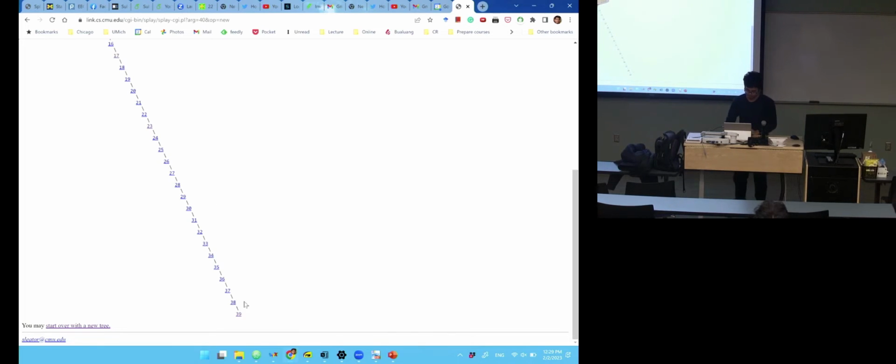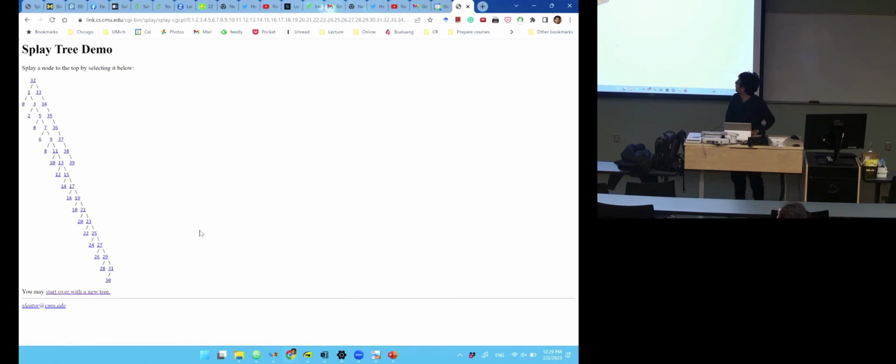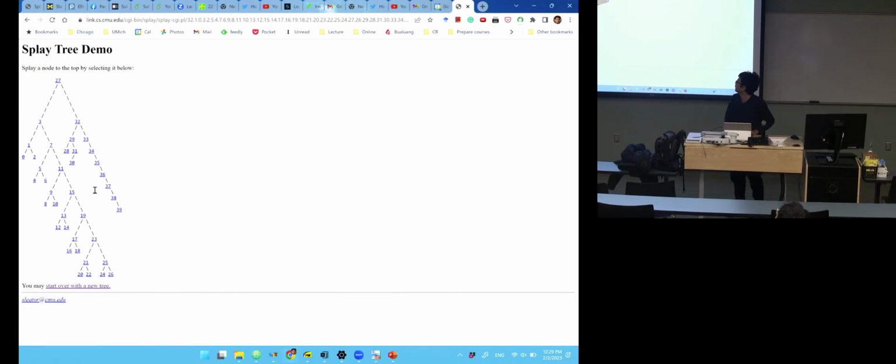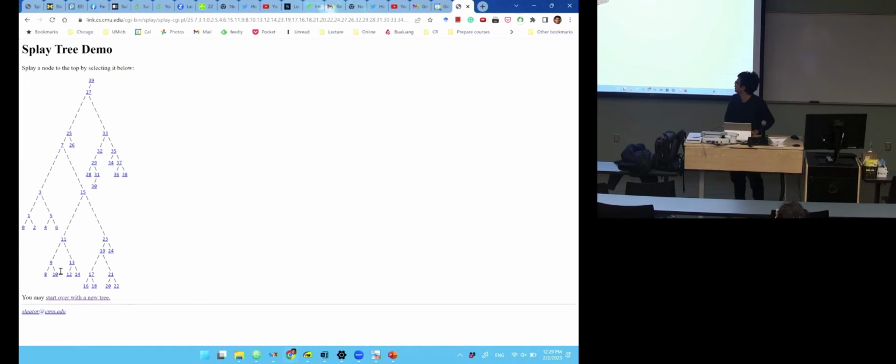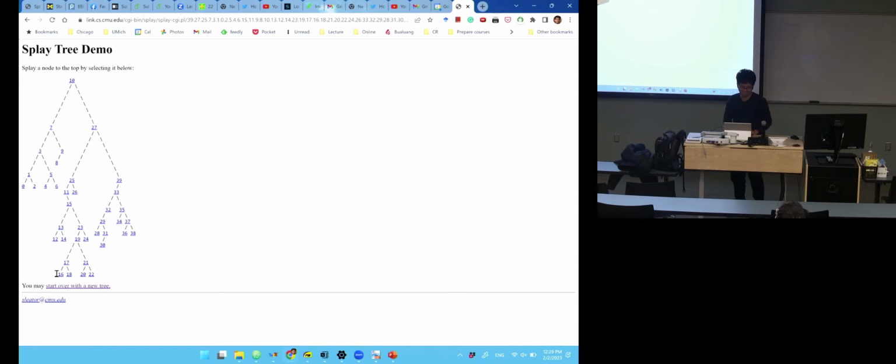And what will happen if, let's say, I look up 32? Then the tree will look like this. Maybe I look up again. You see the tree will become balanced pretty quickly. This is how it looks.